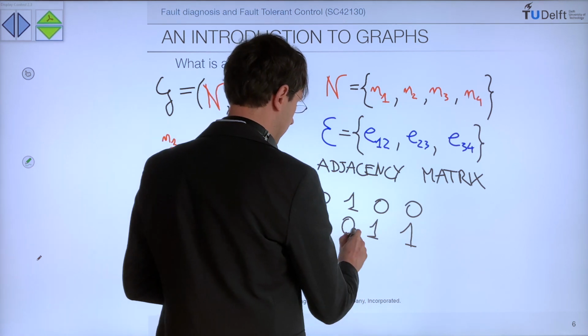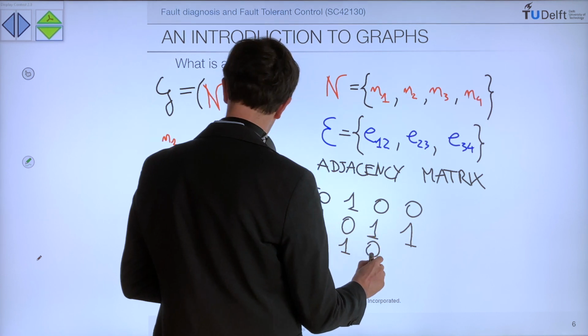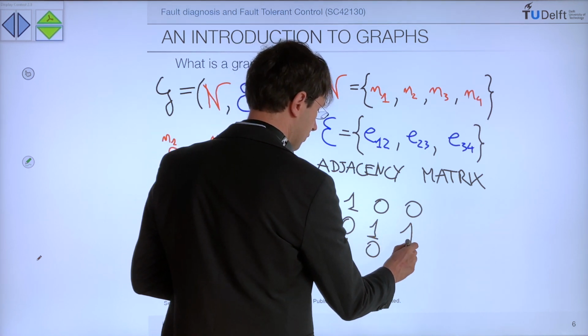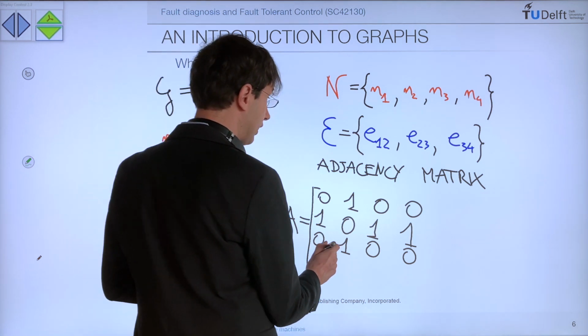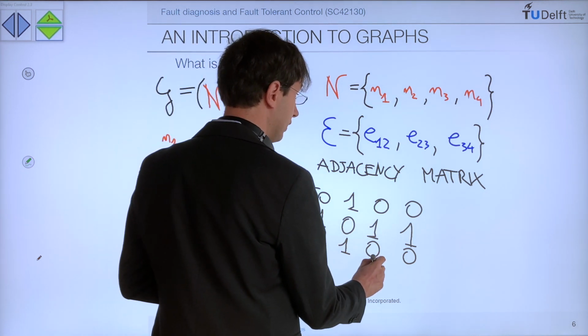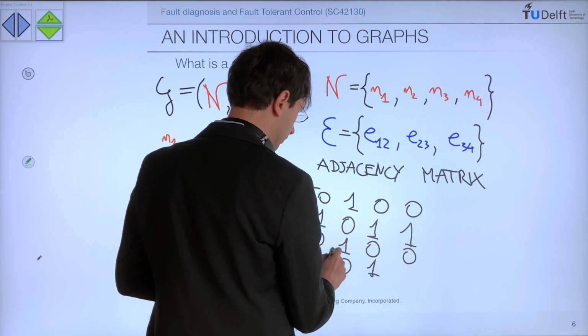Then we have a connection to 2, no connection to itself, and no connection to 4. Finally, for node number 4, we have only one connection to node number 3. So we have a 1 here, and all the rest is 0.